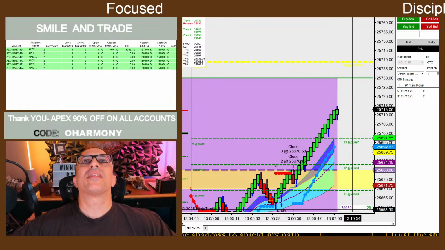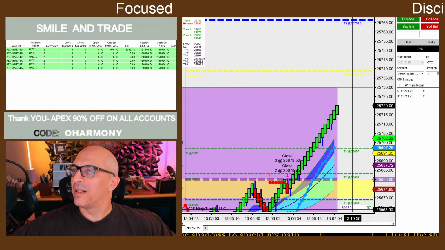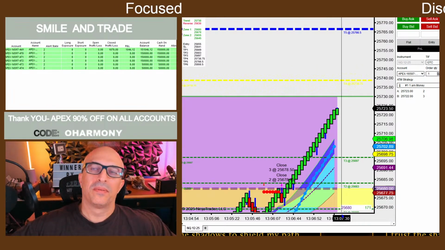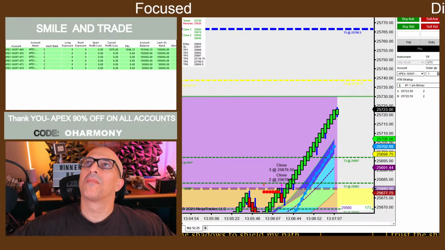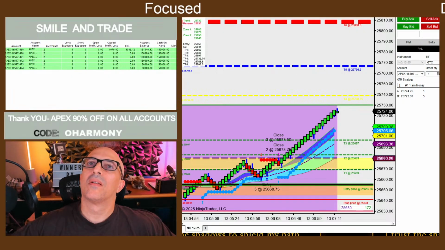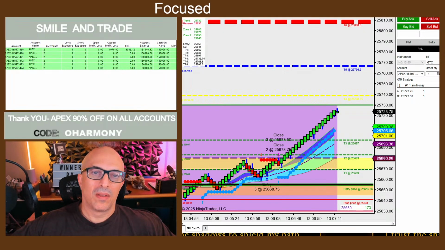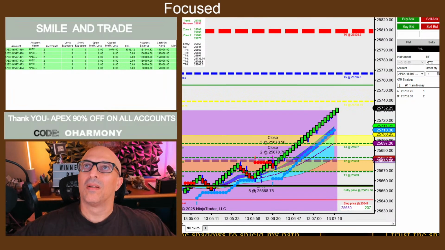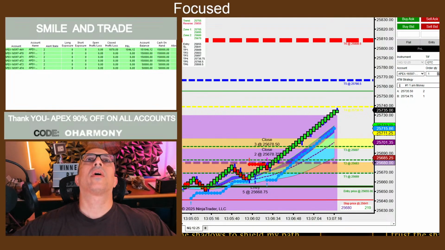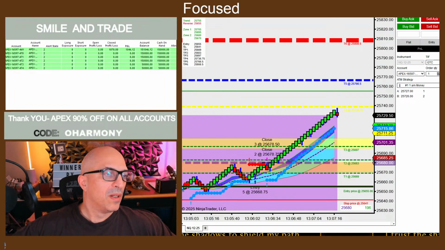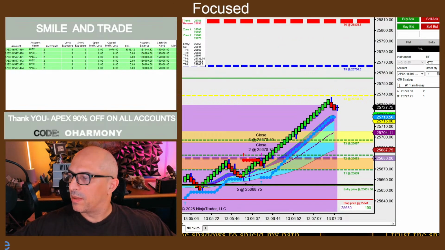Target, next target is 730. Man, they're going to get there in like 2 seconds. Target is hit. Next target is 755. Pullbacks are buyable on a swing trade basis.